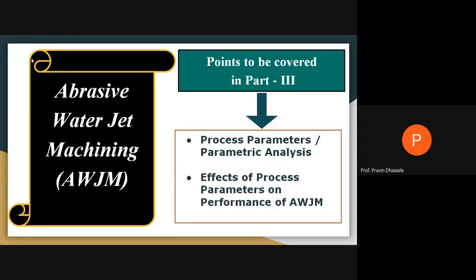Now in this part, we have to focus on the different process parameters that you have to consider while carrying out the machining operation using the abrasive water jet machining process. That analysis is called a parametric analysis. What input parameters must you consider in order to study the effect on the output parameter?